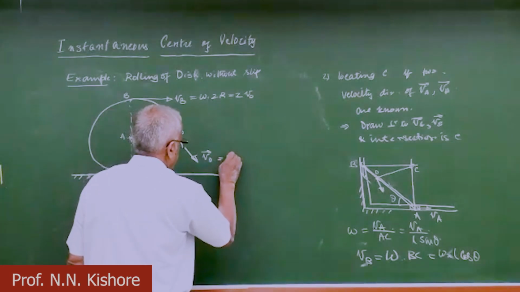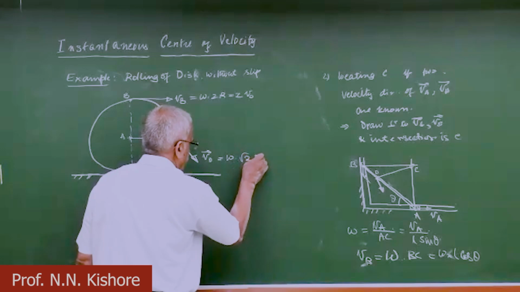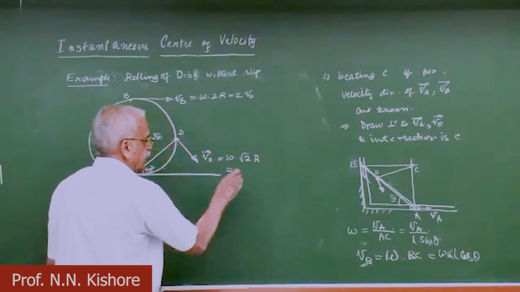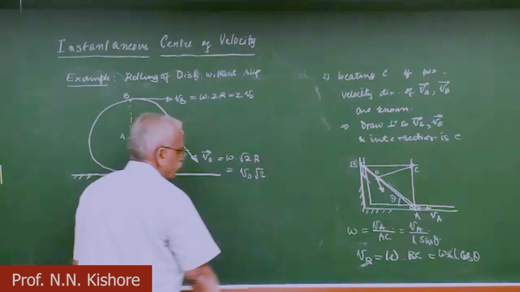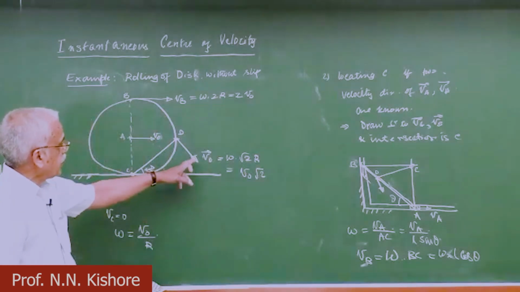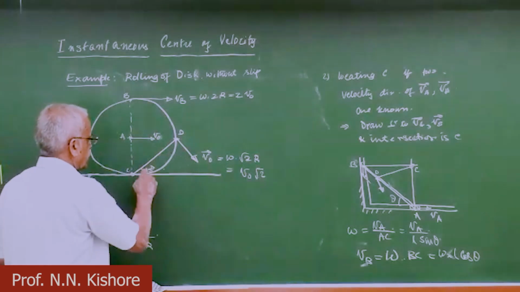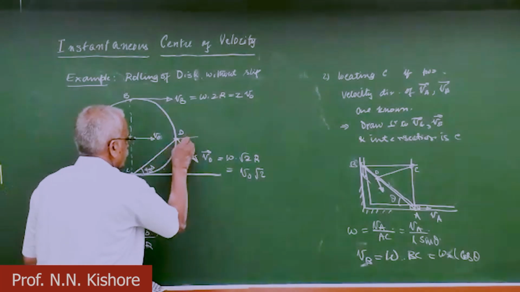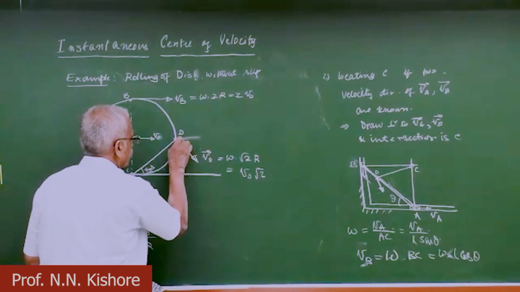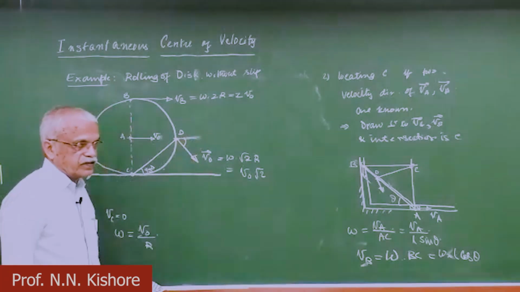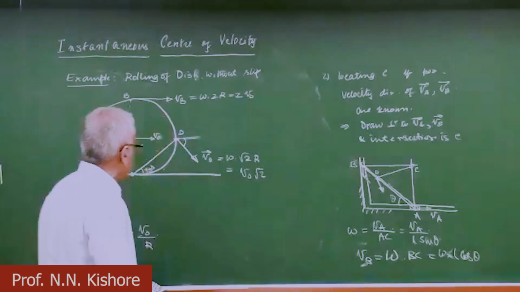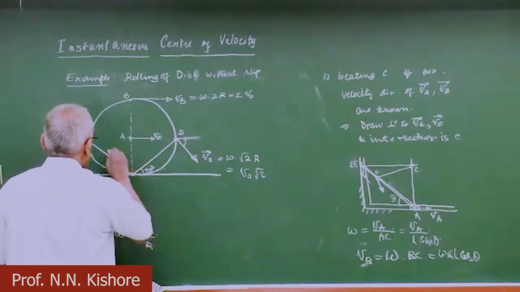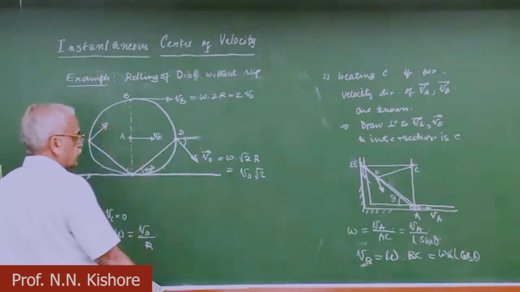It is nothing but omega times root 2 R, and omega R is V0. Obviously, if this is 45 degrees, this is also 45 degrees. Like this, we can find out the velocity of any other point. Any other point, for example, will be like this.